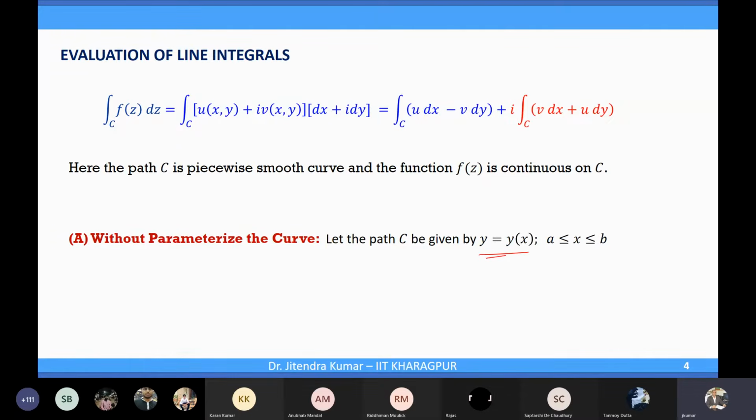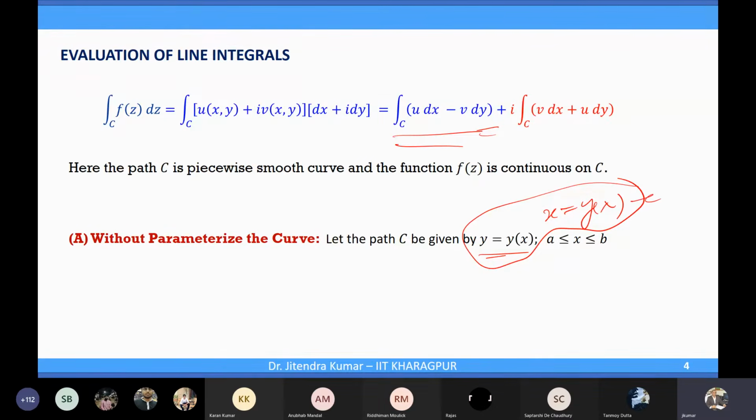In that case, it is very simple. Depending on whether x = x(y) or y = y(x) is given, you can convert, as per convenience, either everything into dx or everything into dy.